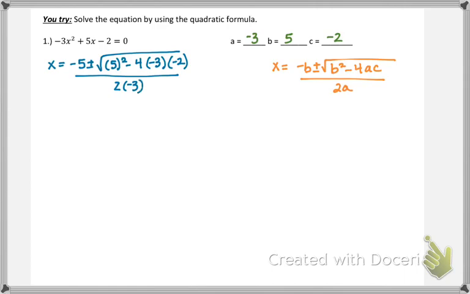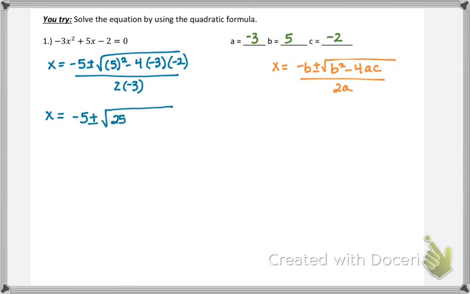On a quiz or test, even if you made an arithmetic mistake, if you show me that you can substitute it into the equation, this first step, each step is going to be worth a point. And then once you substitute in, you simplify what's inside the square root first. Don't try to do too many steps in your head.